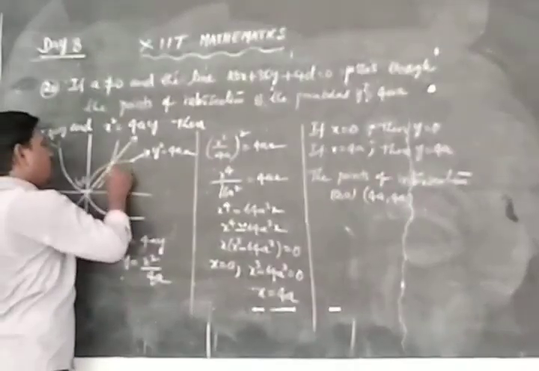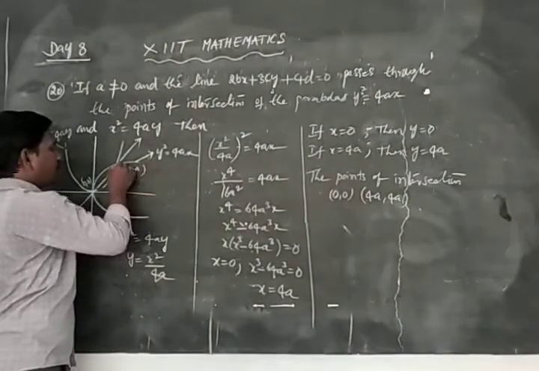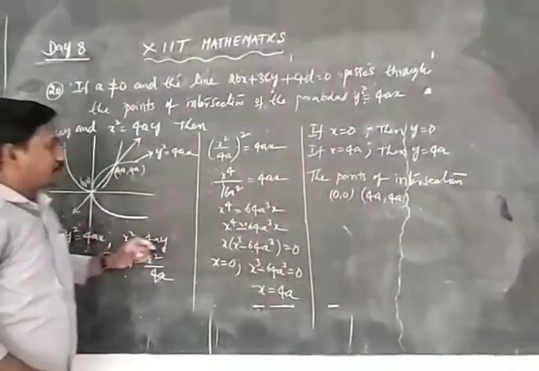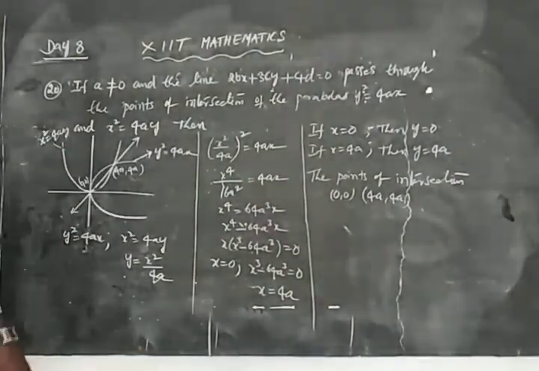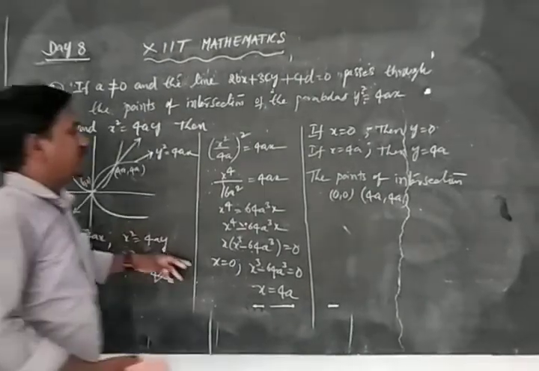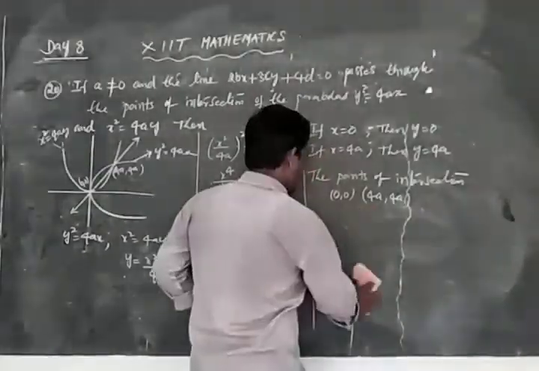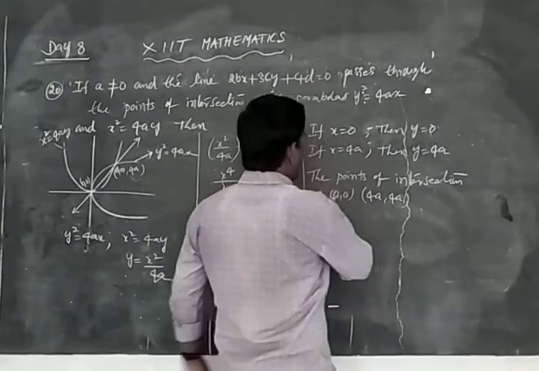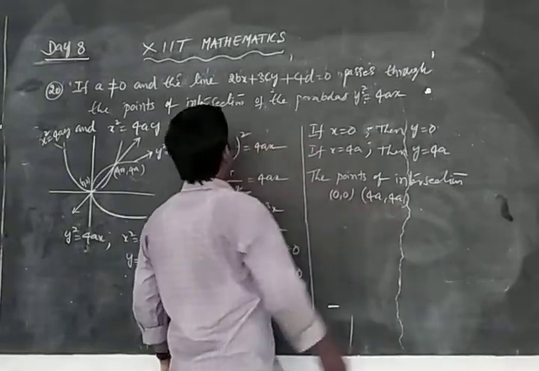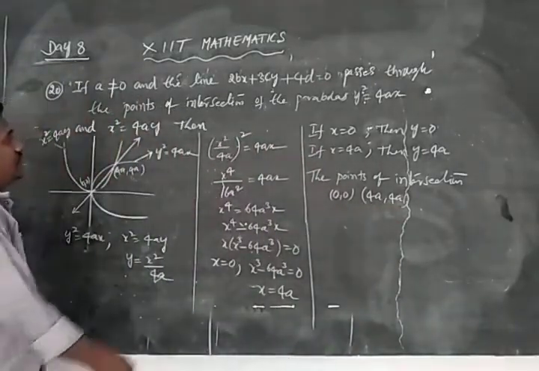This is 4a, 4a. Now we got the 2 points 0, 0 and 4a, 4a.